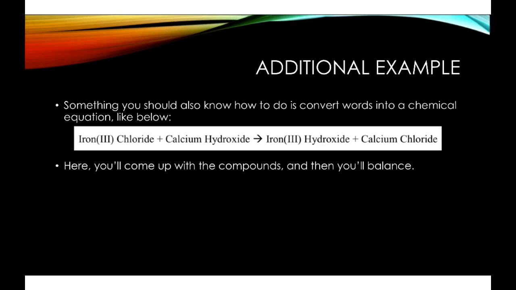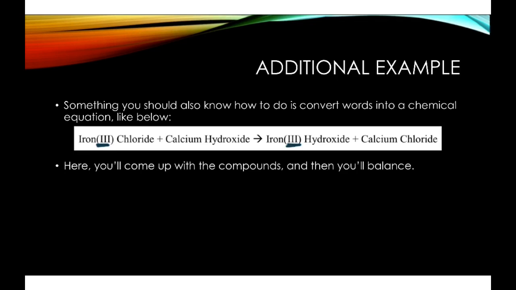So, like this equation, iron 3 chloride plus calcium hydroxide yields iron 3 hydroxide and calcium chloride. So you'll need to come up with the compounds themselves for you to balance. If you remember, the Roman numerals after these metals indicate that there's going to be a charge on them.